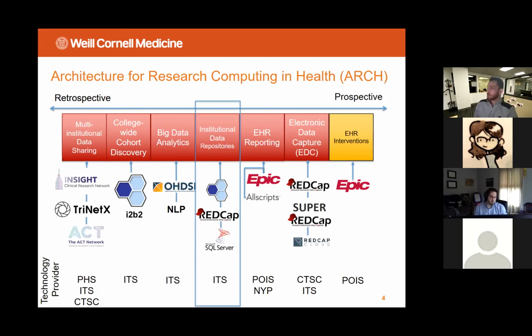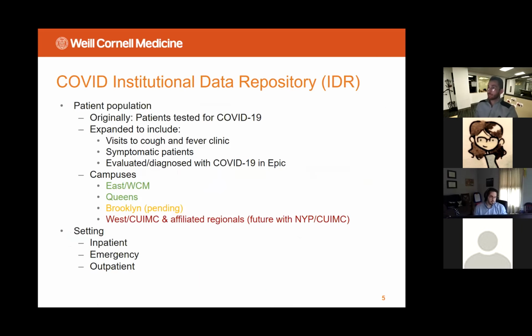We have about 20 or so of these currently working. We collaborate with many departments in our institution to set up different types of institutional data repositories to support different projects and different questions. For today, we will only focus on the COVID institutional data repository.